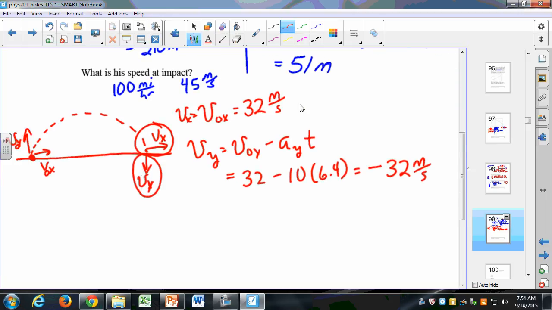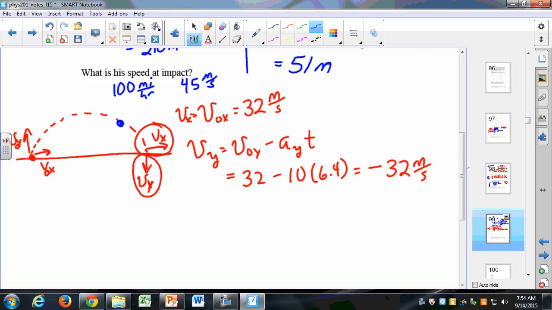But it might become useful knowing that you can do this just to find the velocity at particular points in time. So what if I asked instead, for example, what is the velocity at this point? You could determine the velocity at that point if you know the time at that point, just by going through the same procedure. We'll see some problems like this in just a little bit, maybe next time.